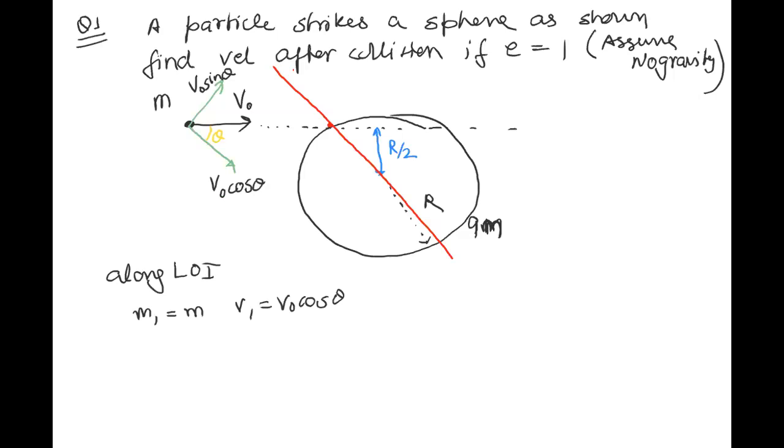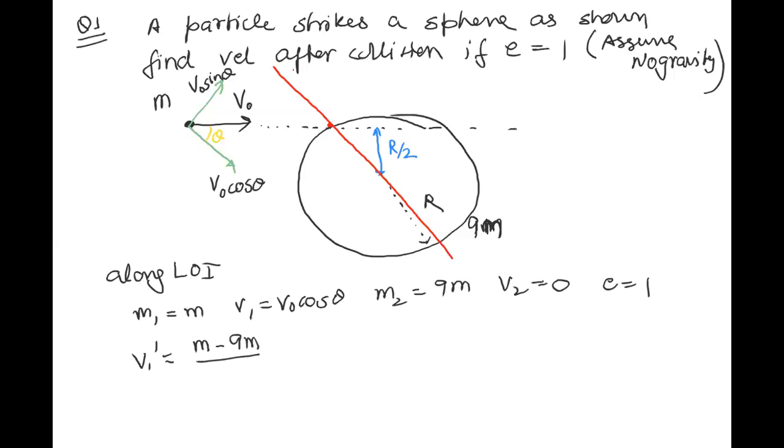Please notice that I will only take the velocity component which is along the line of impact for putting in my formula. Right? So V2 is equal to 0, this is given, and e is equal to 1, this is given. I am interested in finding V1 prime and V2 prime. So V1 prime will be M1 minus M2.